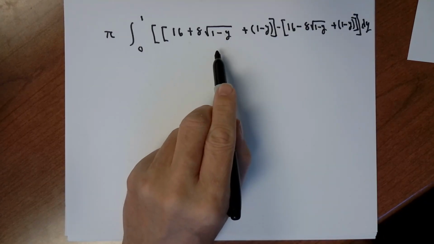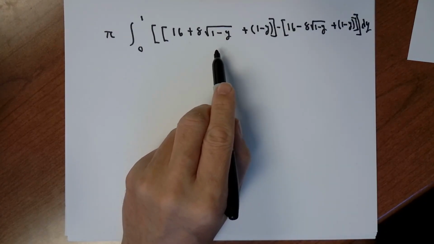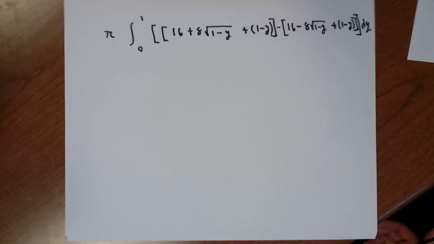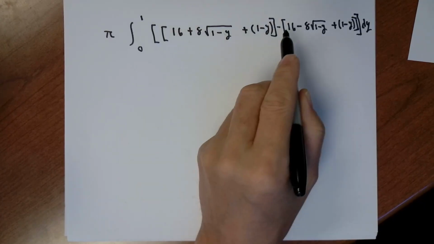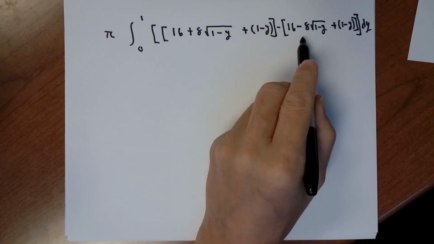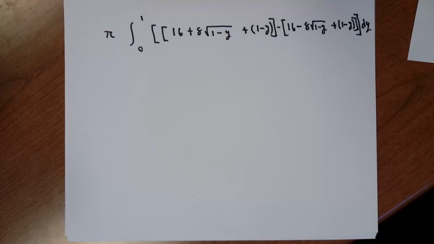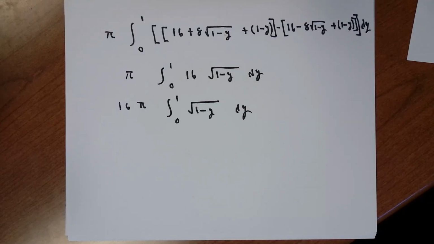I've got 8 radical 1 minus y. I've got 8 radical 1 minus y minus the negative of 8 radical 1 minus y. To finish this, I just need to figure out the integral from 0 to 1 of radical 1 minus y dy.